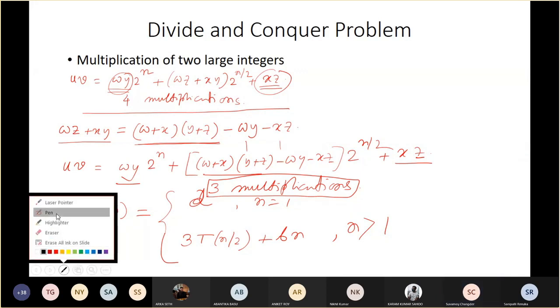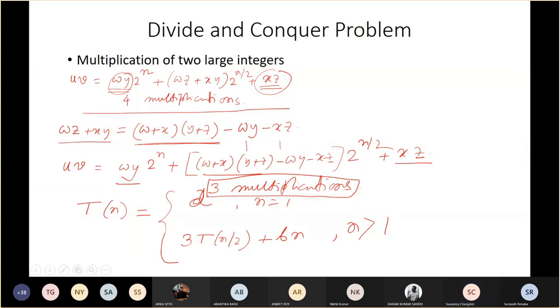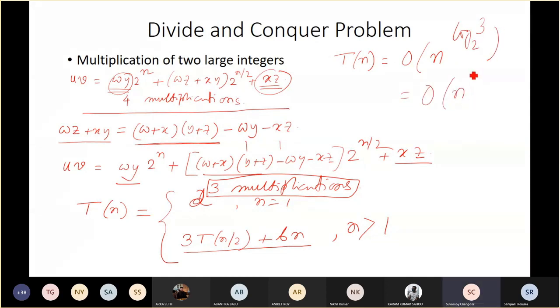So we can write the recursive definition of T(n) as this. Now if you solve this problem by master theorem, you get that T(n) is big O of n to the power log 3 base 2, which is big O of n^1.59.